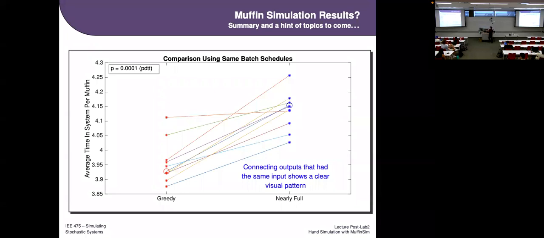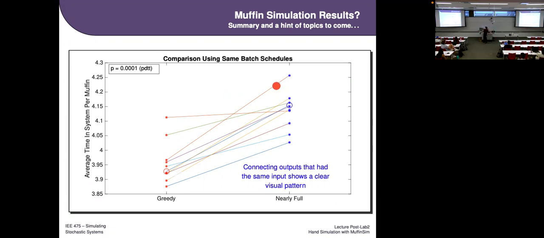So what I can do is plot instead, and link each one of these things together. And so now you can see that 0 is linked up to 0 here, 1 is linked to 1 here. Basically, every line is coupling together the data point from the greedy schedule. So it's the same muffin schedule.